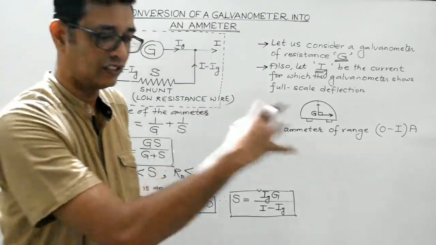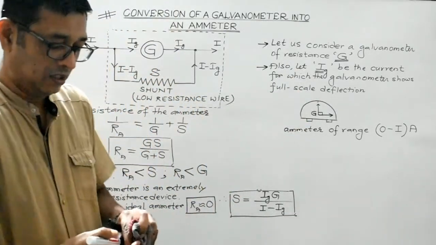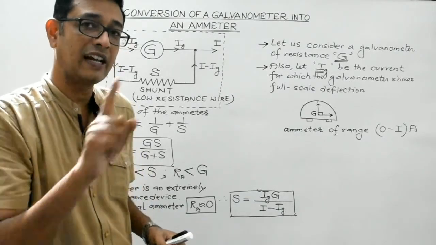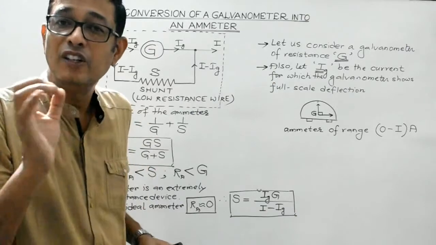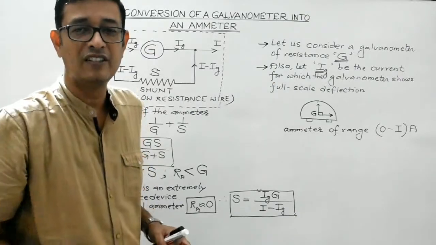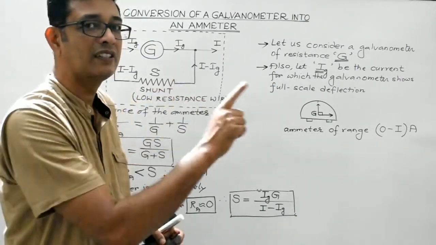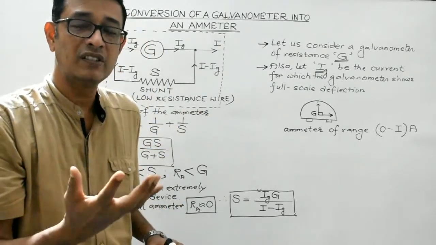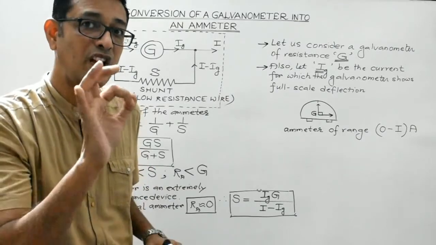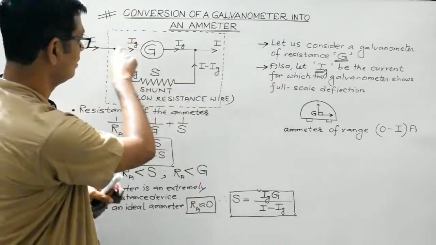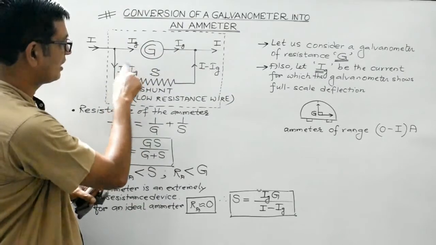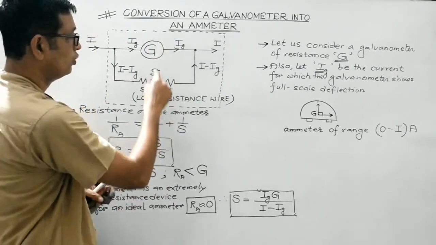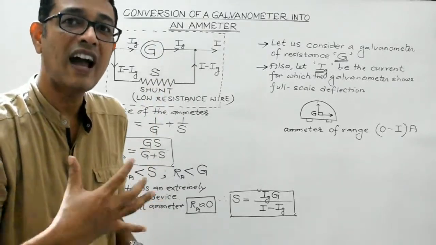So students, let us revise this entire topic. First and foremost, in order to convert a galvanometer into an ammeter, a low resistance wire known as shunt is to be connected in parallel to the galvanometer coil. Second, the value of shunt is to be chosen in such a manner that a safe value of current Ig flows through the galvanometer and the rest of the current, that is I minus Ig, flows through the shunt. Third, these two connected in parallel constitute an ammeter.